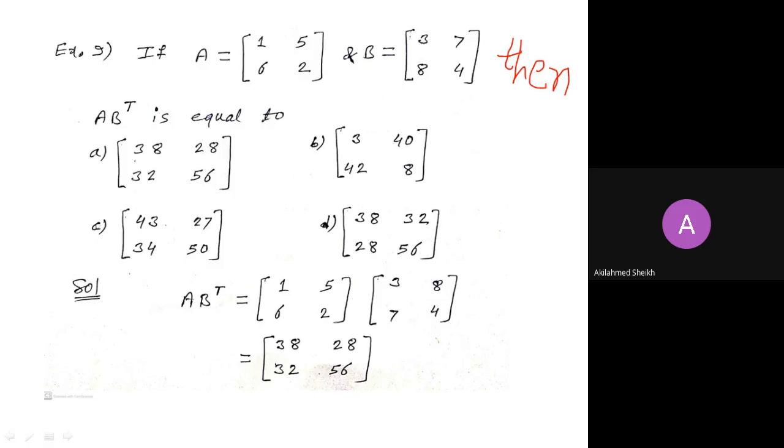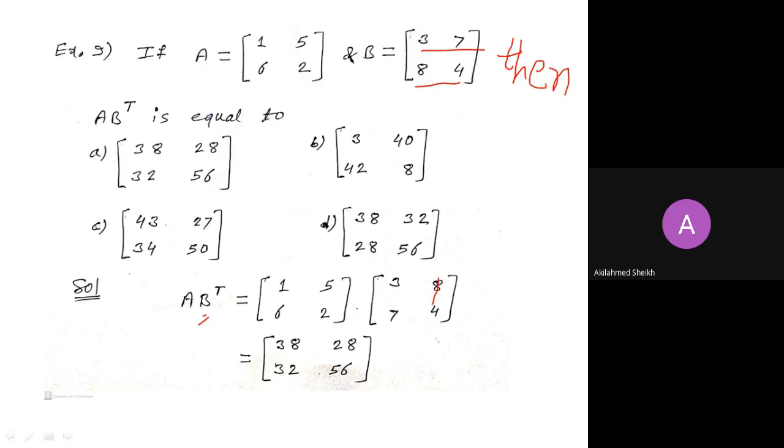Now first we write matrix A, then B transpose, which becomes [[3,8],[7,4]]. Just writing rows into columns, we get 3, 7 as the first column and 8, 4 as the second column.